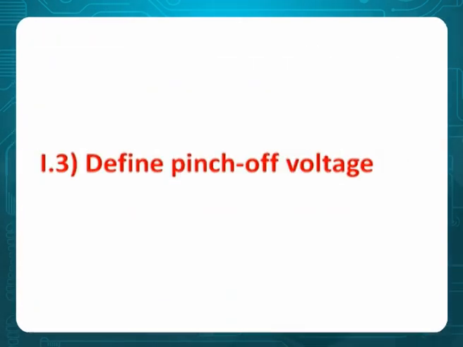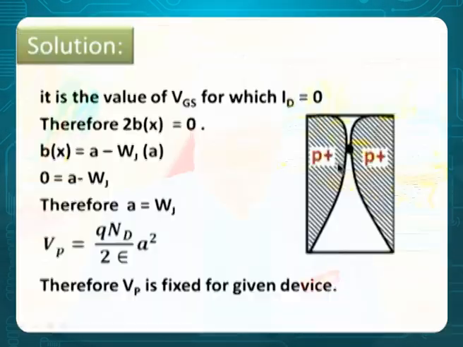Third question: define pinch off voltage. When you say pinch off voltage, the voltage that you give at the gate should increase and the junction width should increase. At one point it becomes 0. So it is the value of VGS for which ID is 0. That means 2B of x is 0, A minus W is 0.